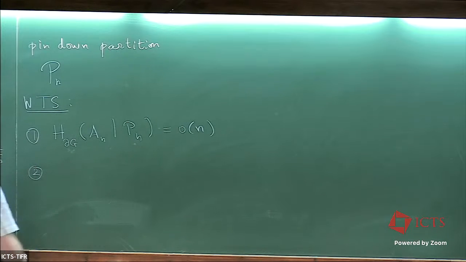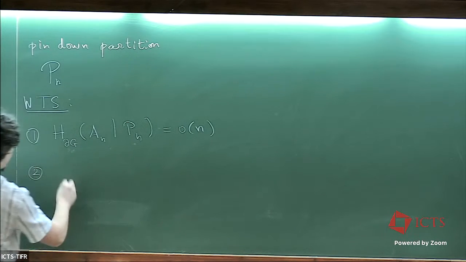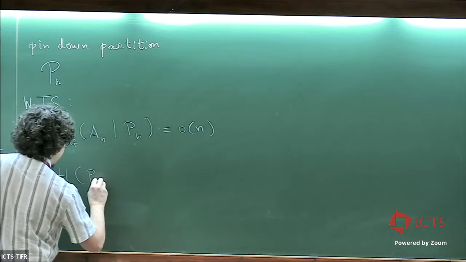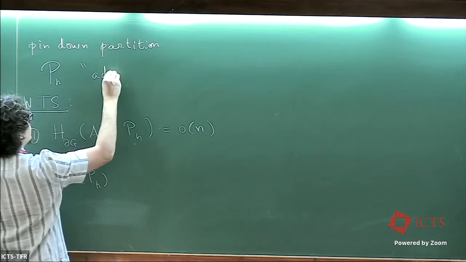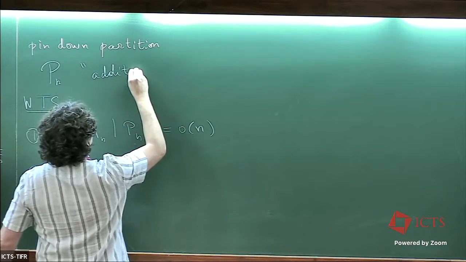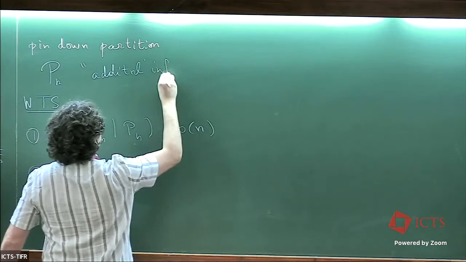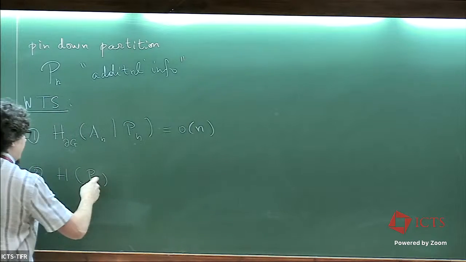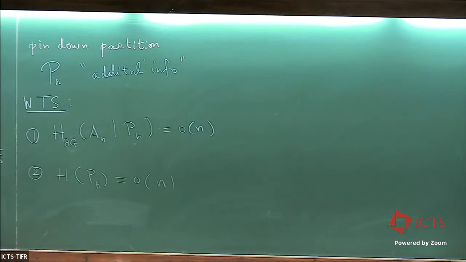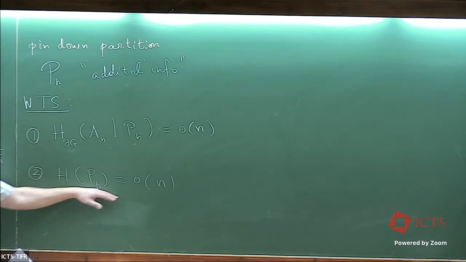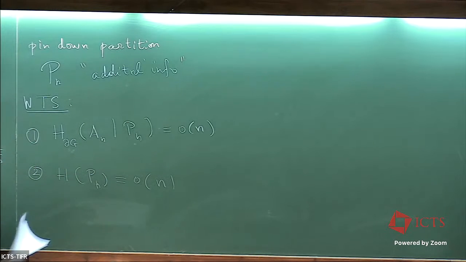And the second one is to show that the information that you added, this P_n, was additional information, is not too much, in the sense that the entropy contained in this additional information is still sublinear.